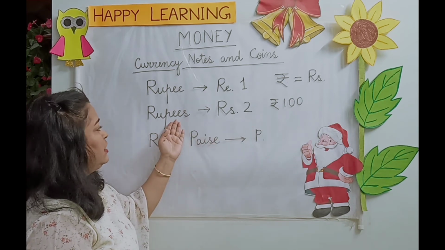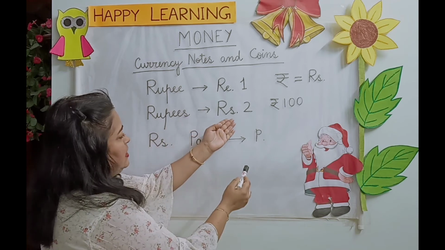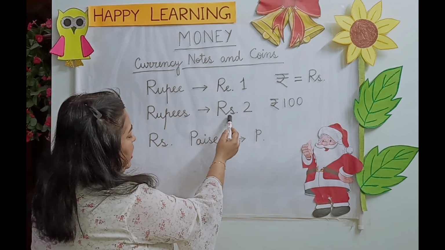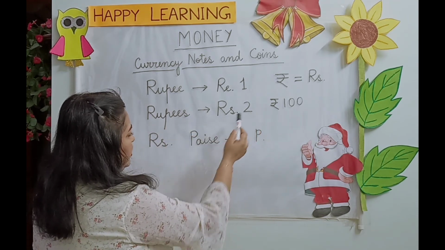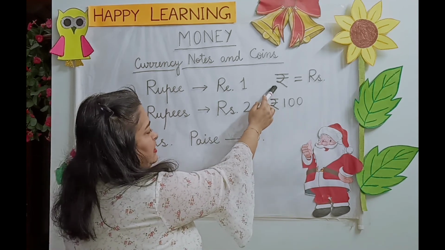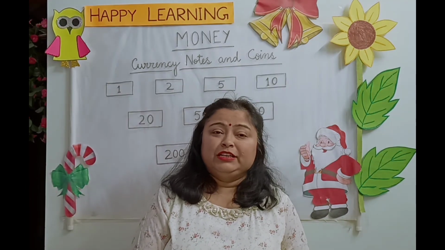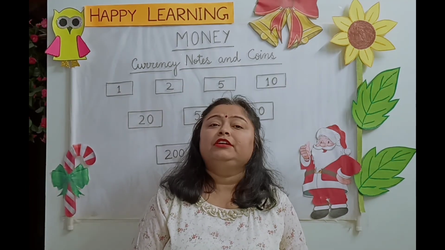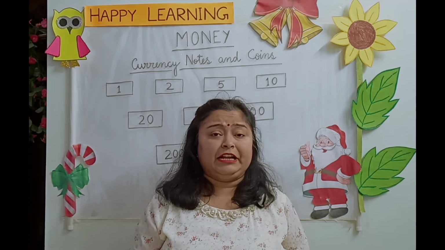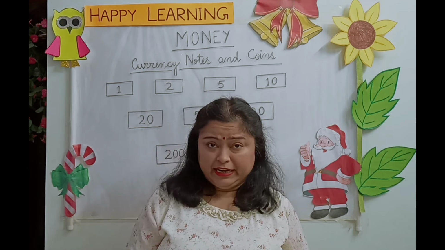So we will use the term rupees and we can write rupees in this short form RS.2, and paise like this P dot, and this is the symbol of rupees. I hope now you all are able to recognize and identify the coins and notes which we use currently.